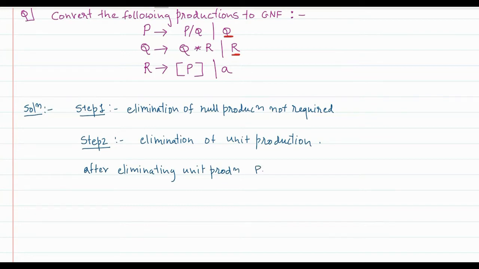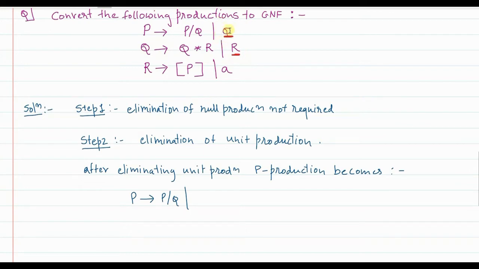okay, the P production becomes what I'm going to do. I'll first write the terms as they are, P or Q, or now this Q here is a unit production, right? So I will replace Q with the Q production.